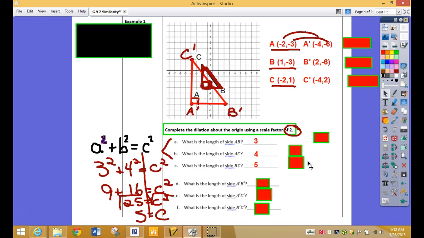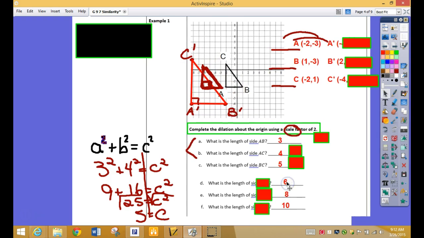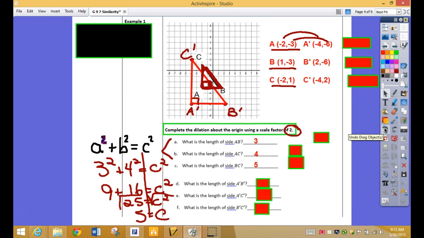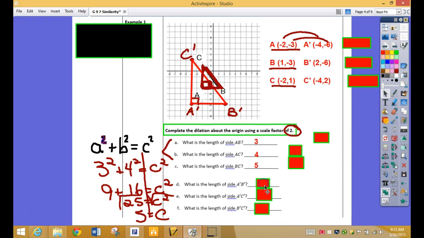So now going to the prime triangle, what is the length of the side of prime AB? There we go. 6 is exactly right. What is the length of side AC? 8. So, do I need to do the Pythagorean theorem to figure out BC again?